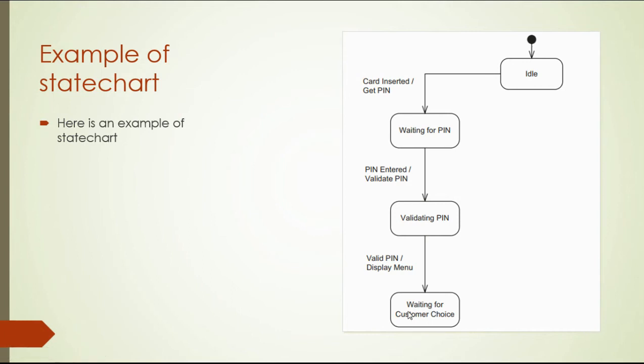In this example, we do not consider any other options of the bin, so we just assume that the bin is correct. So after validating the bin, we move to another state, which is waiting for customer choice. In fact, there are many options. For example, maybe the simple one is that the bin is not correct, so we should go back to waiting for the bin and enter the bin again.